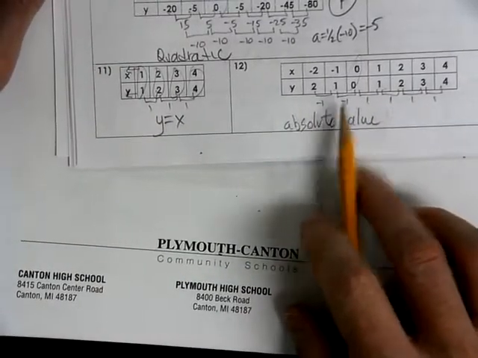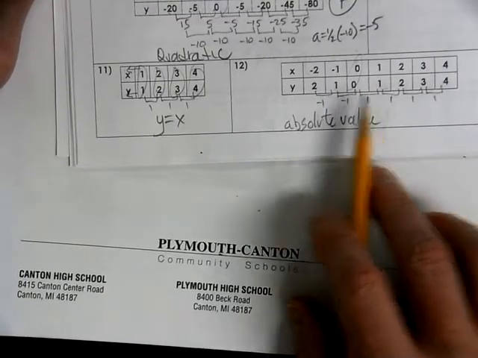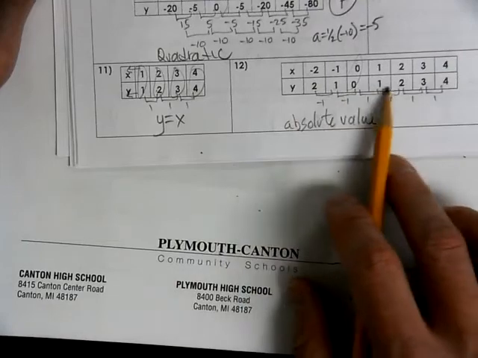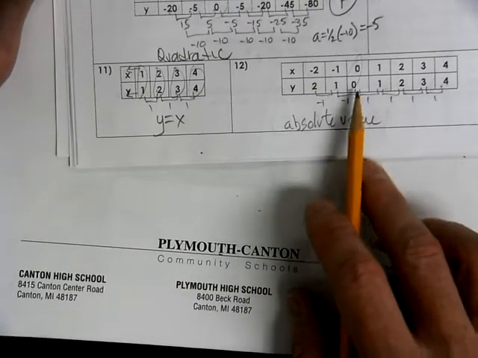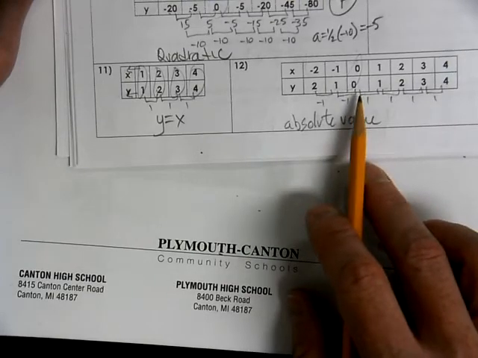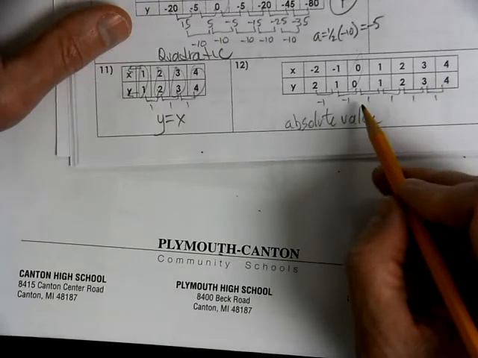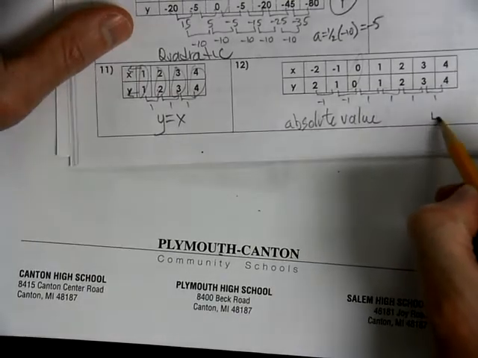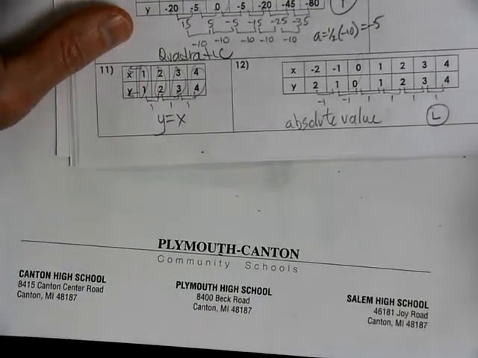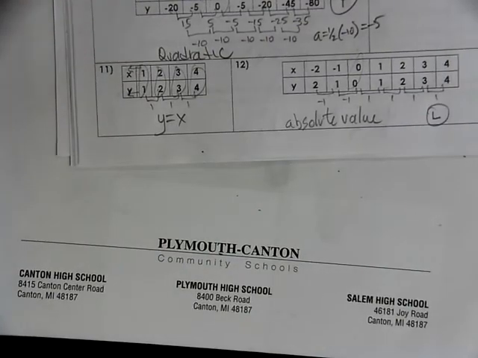So I see negatives on one side till we get to our absolute value, and I see it's decreasing to this point, then it's increasing, so that seems like absolute value. So it's absolute value, that should be L. There you have it.